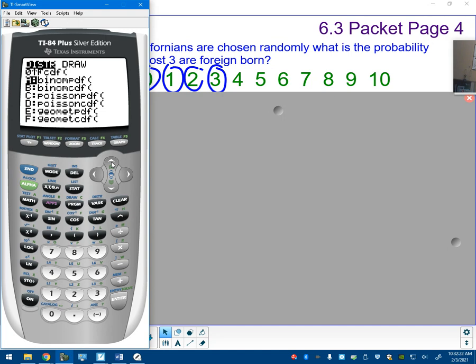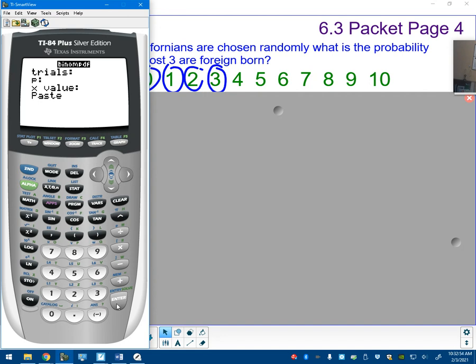When you press enter, do you get that prompt? Is there somebody who does not get that prompt screen because you have an old operating system and I need to update you really quick for a lot of things? So did everybody get that screen? What do you get after second bars? You go down till you see binomial PDF, which is all the way down at A, I think.